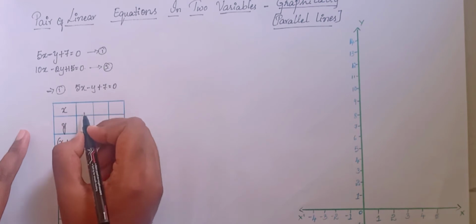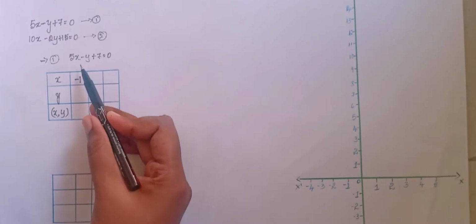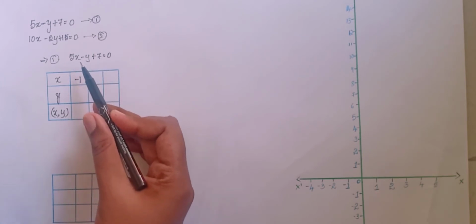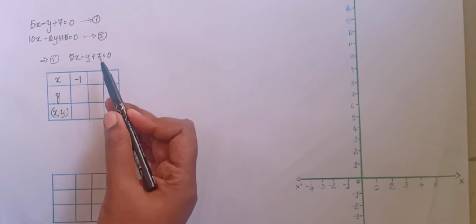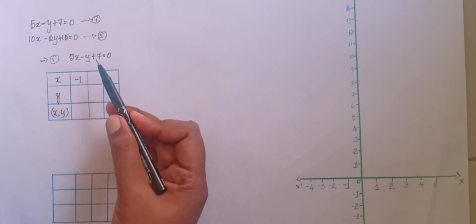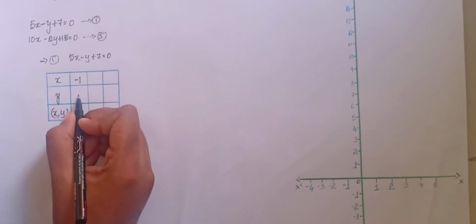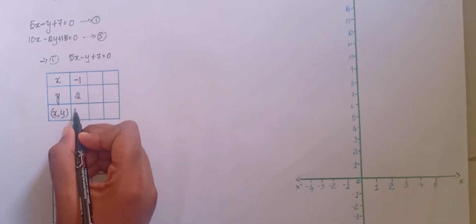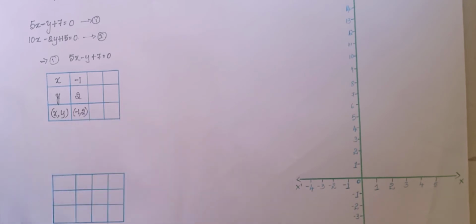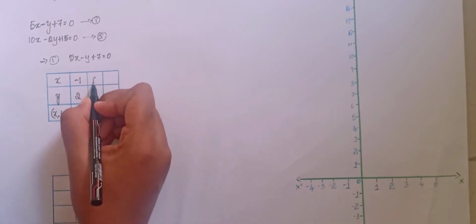First I am going to take x as minus 1. By substituting this, 5 into minus 1 will get minus 5. 7 minus 5 we will get 2, and by sign changing, minus minus cancels. The answer we are getting is 2. So therefore minus 1 comma 2 is the answer for this. Next we are going to put 0.